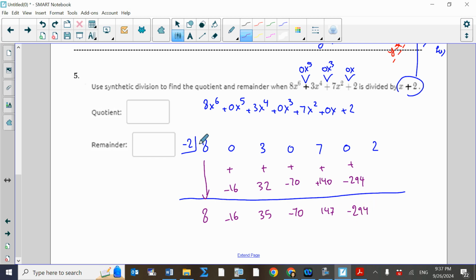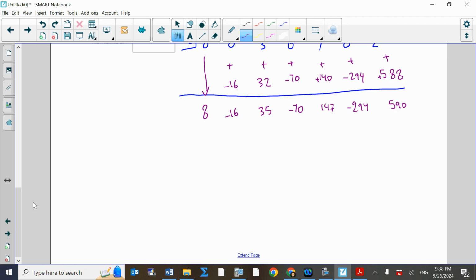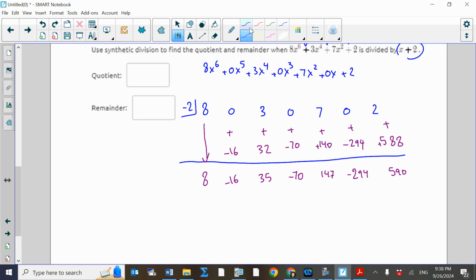Now again, multiply this by the corner number. This time it's going to be positive 588. Add that with 2, that's 590. Now it's time to write the answer. We know that the last number here is the remainder, and all the numbers here are coefficients of the quotient, the answer.